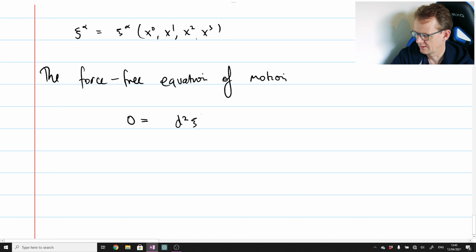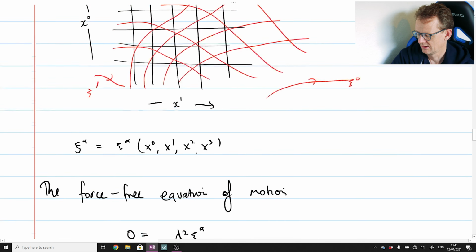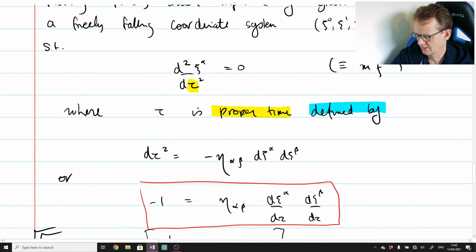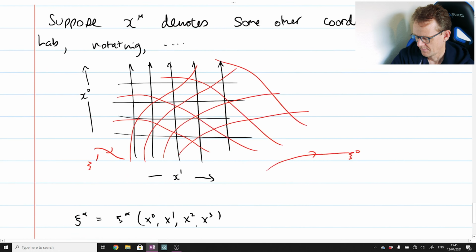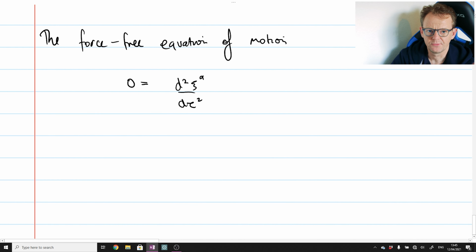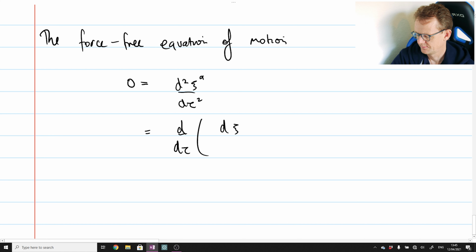Proper time's up there. Let's check I didn't write nonsense down here. Is that the same as before? Yep. But that's in the freely falling reference frame. What does it look like in our crazy reference frame? Well, we've got to substitute. And what does second derivative mean? It means do the derivative twice. So we're going to do it twice.